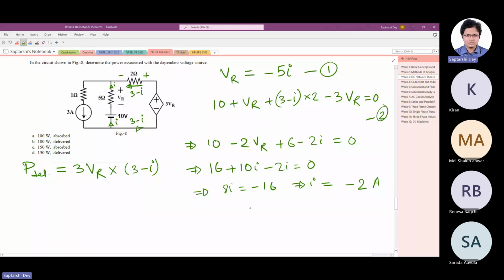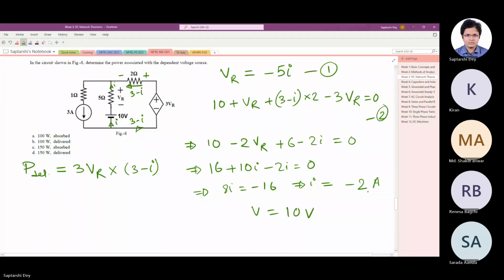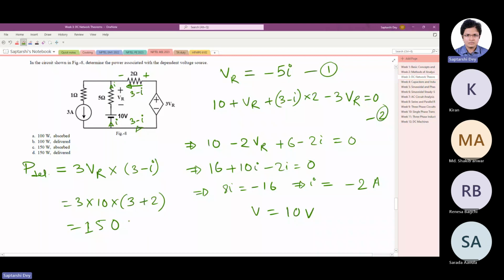Now VR is minus 5I, so VR is 10 volt. Okay, so what we have is 3 times 10 times 3 plus 2, so 150. So we took it as power delivered, and what we got is positive.